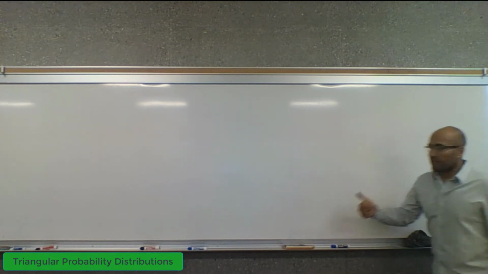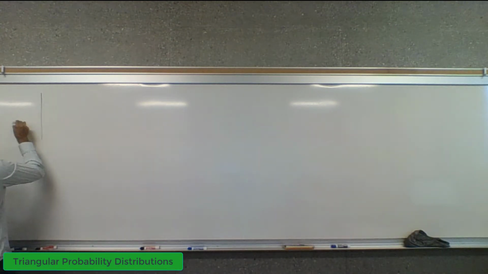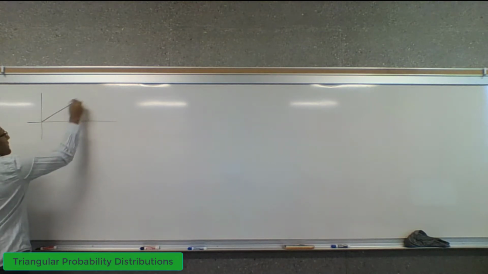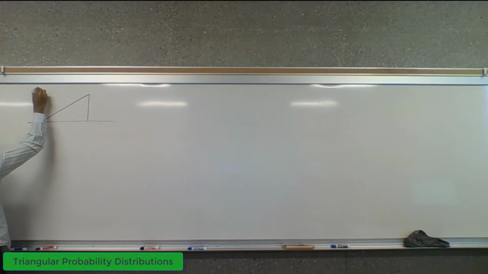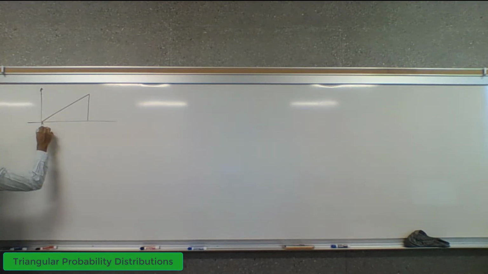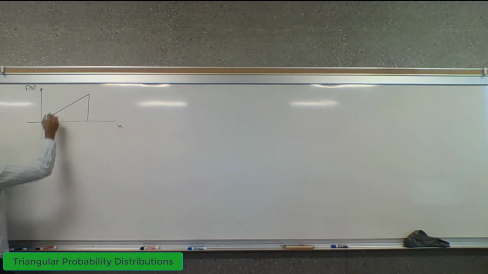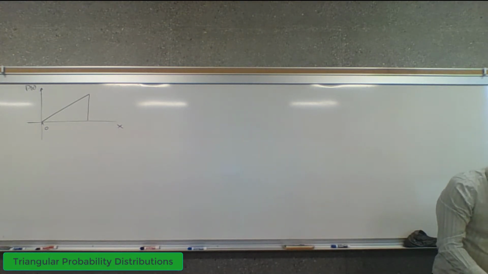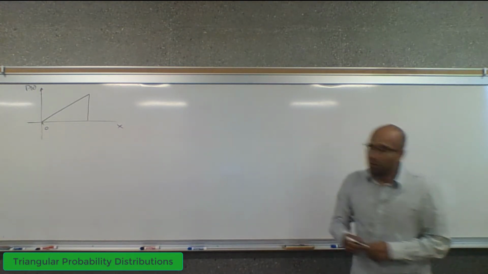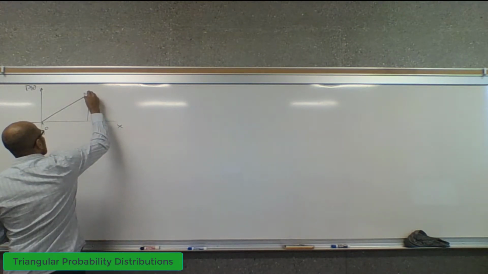So let's go back now to our slightly easier case where we had a nice right triangle. Let's say we have a right triangle like that, and it starts off at 0. That makes life a little easier. And this goes out that way. Let's say we are told the equation of the line that governs that.